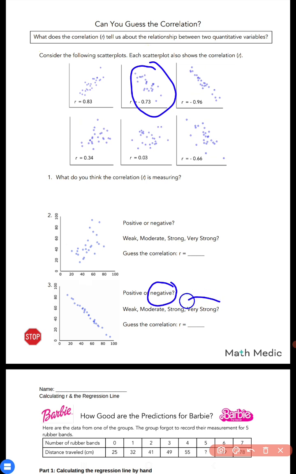This one's got a very strong relationship between our variables because look how close those dots are to being in a perfectly straight line. So our correlation is going to be very close to -1. So maybe about negative, if we compare it to this graph, it looks even better than this one, maybe about negative 0.97 or 0.98. So if we were to put those dots in our calculator, we could get an exact answer, and that's something I will show you in a few minutes. But for now, we can get a general idea of what R is.